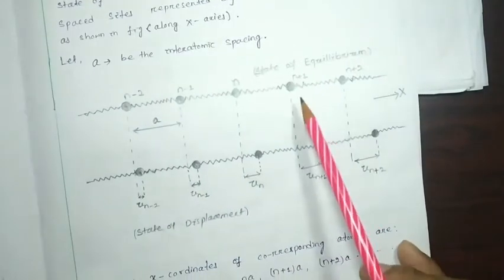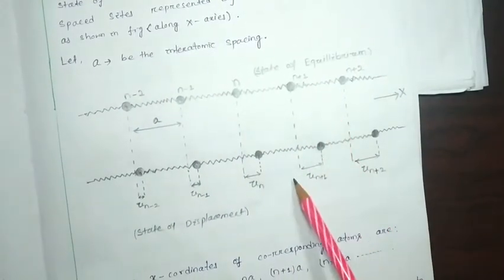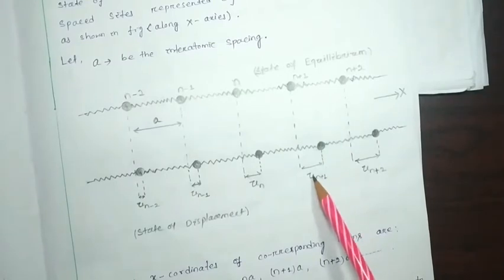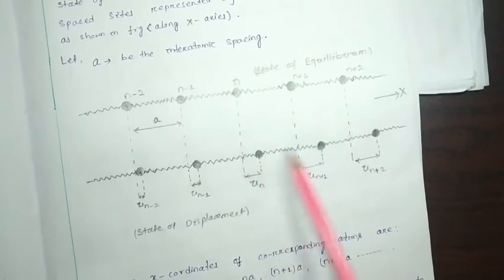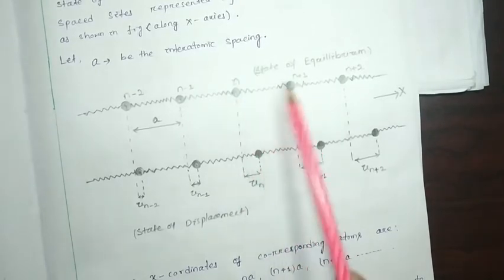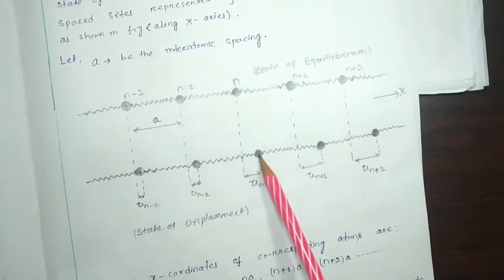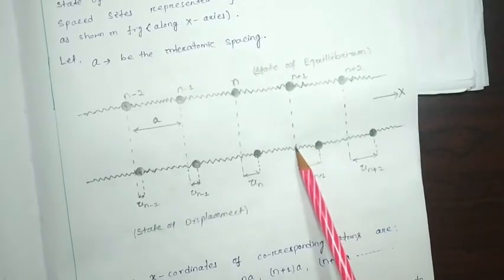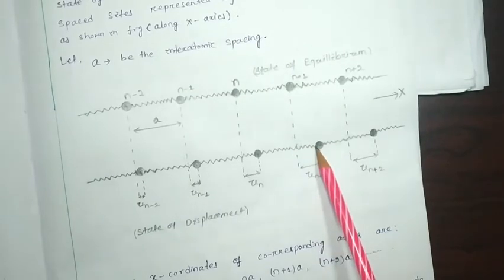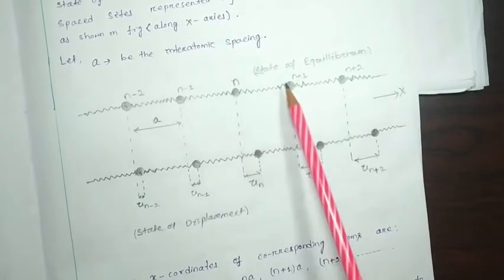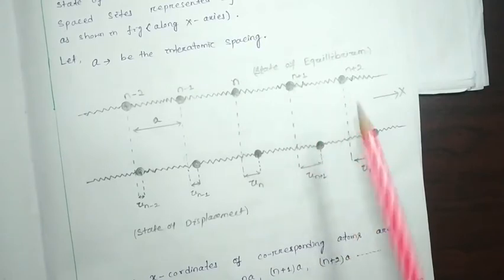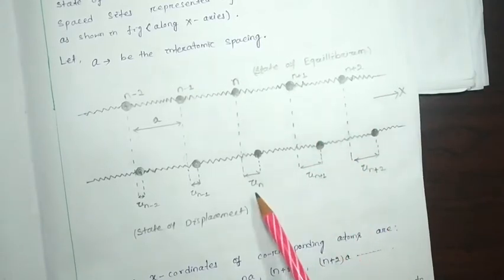At that time the n plus 1th atom is displaced by a distance un plus 1. If we consider the net displacement between these 2 atoms, this atom is displaced from here to here, and that atom from here to here. The net displacement will be un plus 1 minus un.